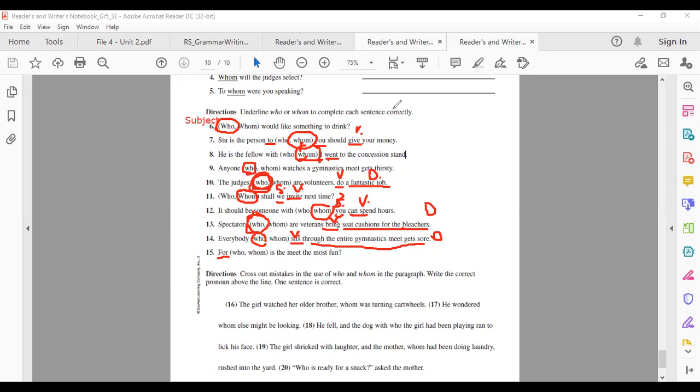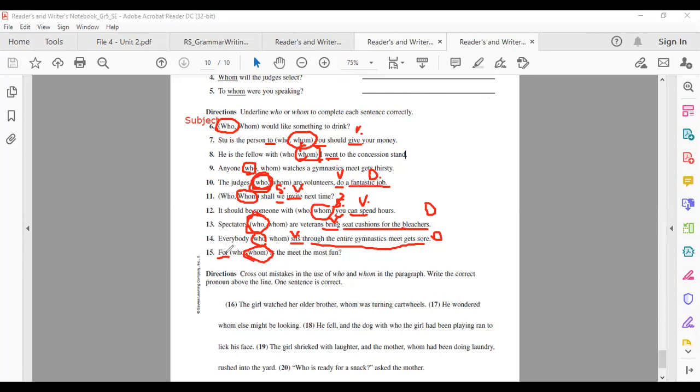So we learned that there are two kinds of objects. Whom comes with the prepositional object, if we have a preposition like for or to, and sometimes it comes direct. Since I have here for, I will go for whom without looking to the verb. This is super easy for me.